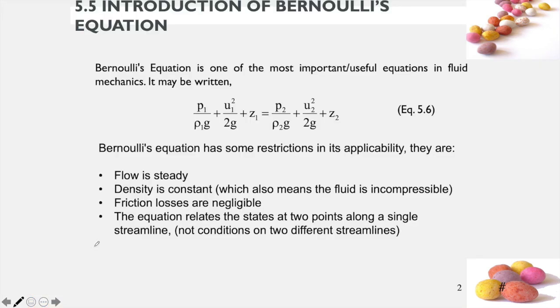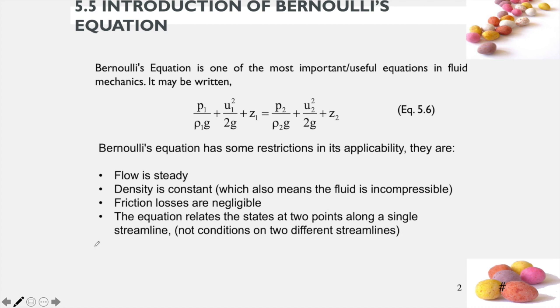Bernoulli's equation is one of the most important and useful equations in fluid mechanics. It may be written like this, the general equation for Bernoulli's equation. We have 2 points, 1 and 2, and we write Bernoulli's equation between point 1 and point 2.